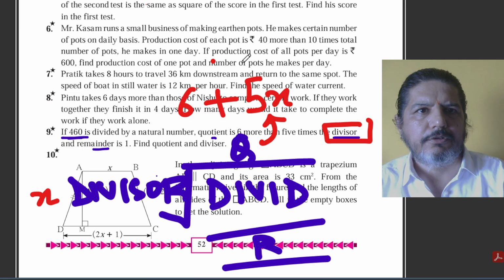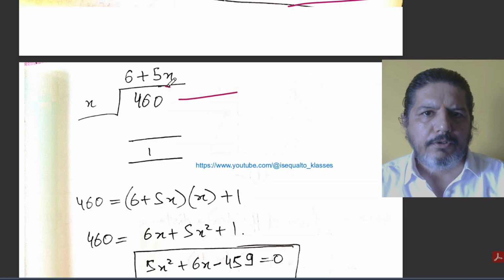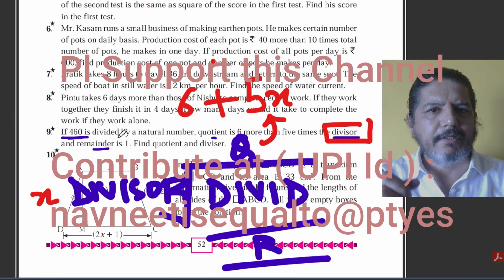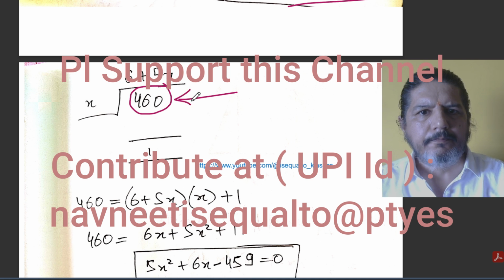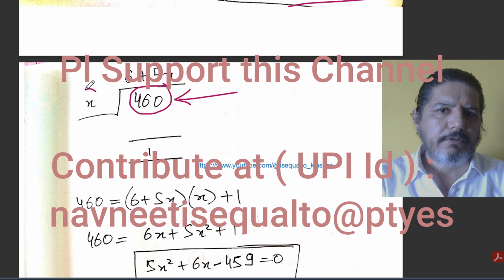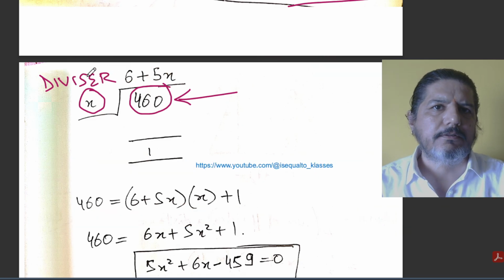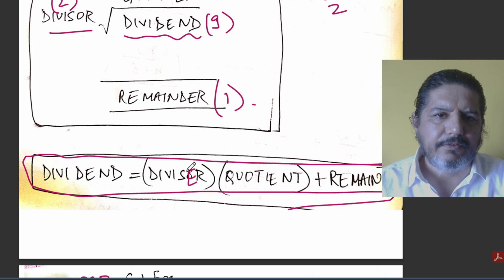I hope you have understood this point. So this is the number which is being divided. 460 is divided by a natural number. So 460 is being divided. I have assumed that my divisor is x. I think there is a spelling mistake. You can write this as divisor.